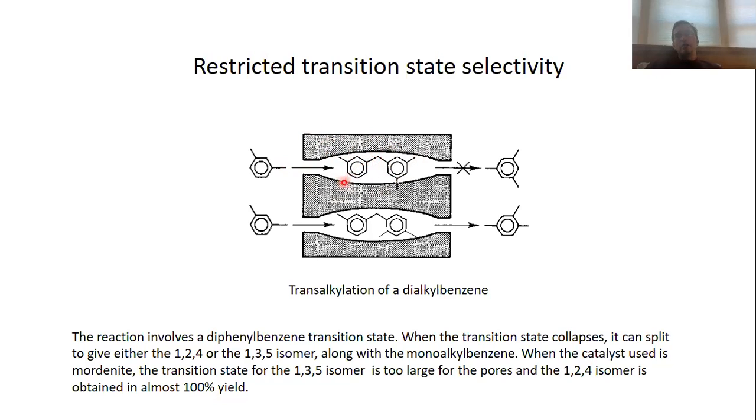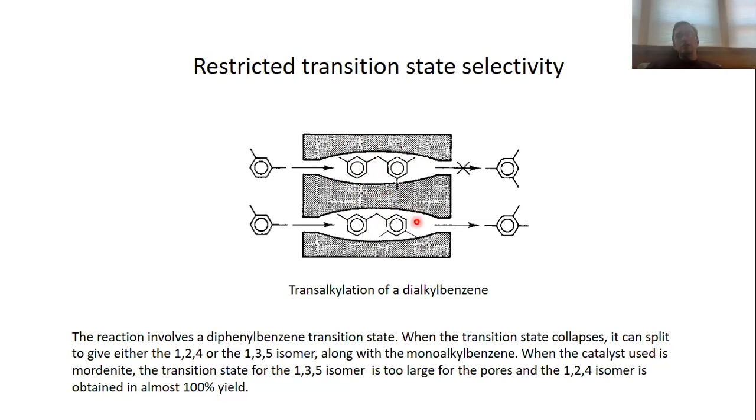Now there is the possibility that this bridging methylene group is in meta position to the other methyl groups, as you can see here, or it can be in ortho position to the other methyl group. This intermediate here interferes directly with the pore walls, therefore its formation is suppressed.